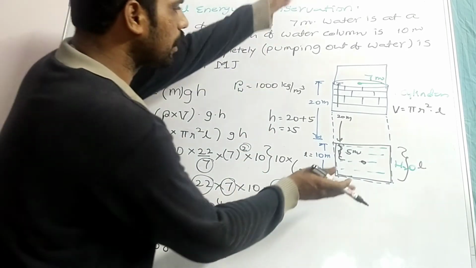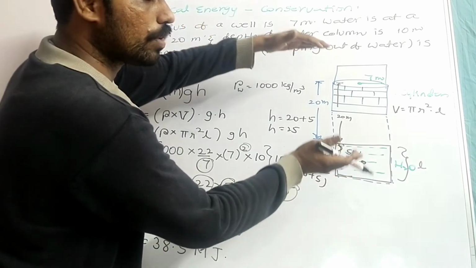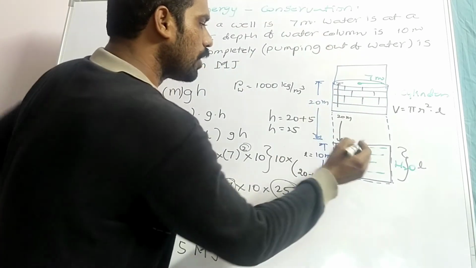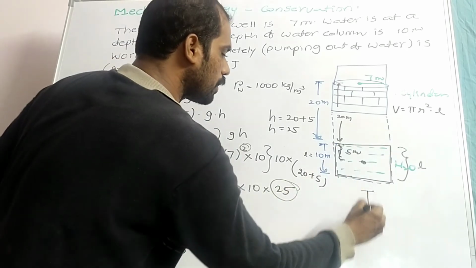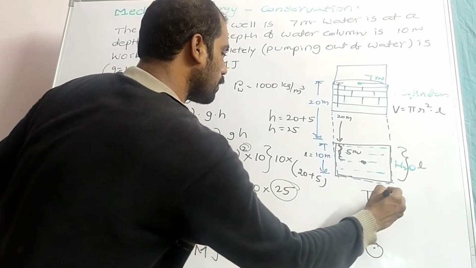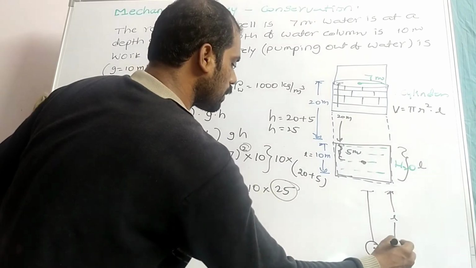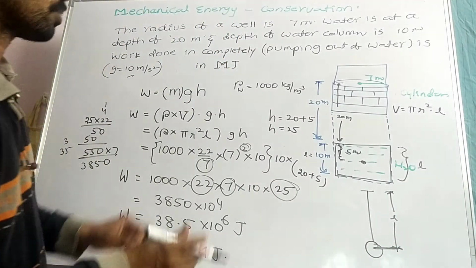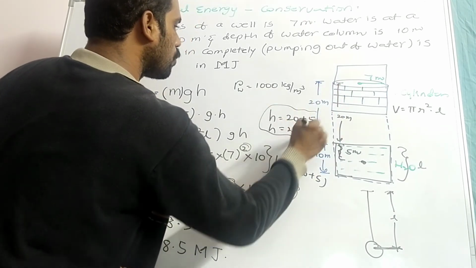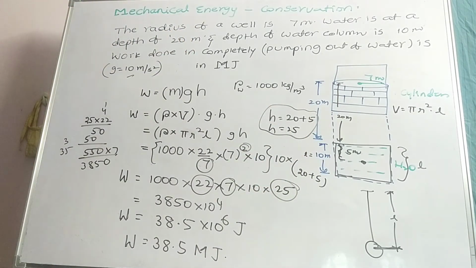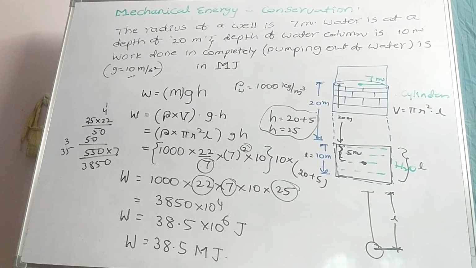While we are calculating the height, we have to take the center of mass of the massive part, like in a simple pendulum, as we consider the length of the pendulum L up to the center of mass of the bob only. That is the logic used while calculating the height. H is equal to 20 plus 5, that is 25. That's why the final answer will be 38.5 megajoules.